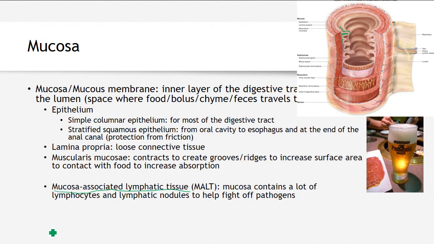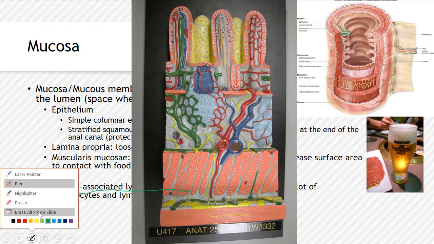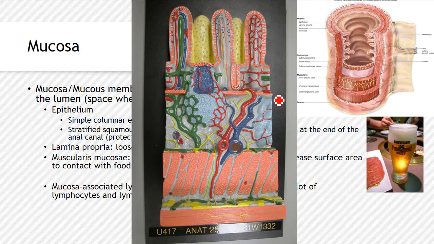So the one model that you guys have looks something like this. When we look at this, we can see that everything from here all the way to here is the mucosa layer, right? And then this is all what? Simple columnar epithelium.